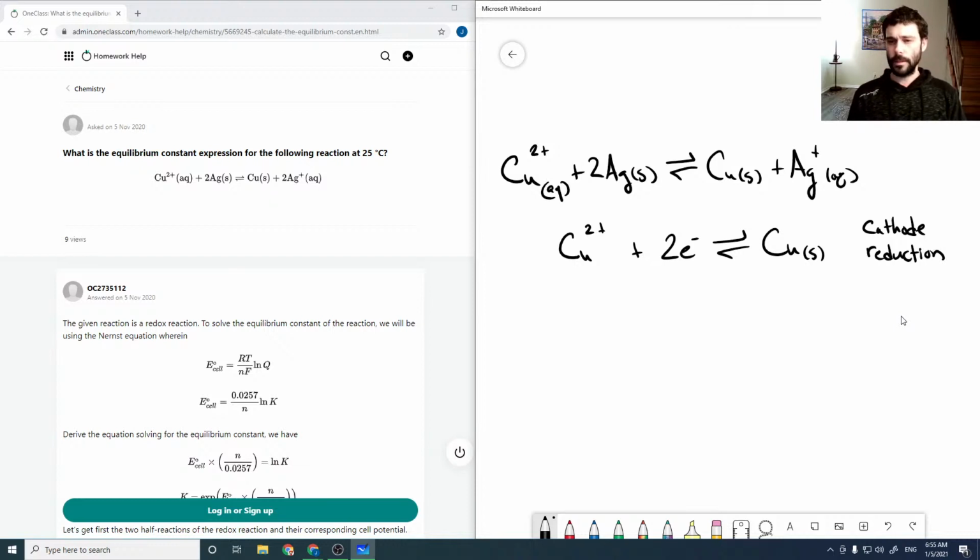We know because it's consuming electrons, right? So electrons are on the reactant side. And we have 2 silver going to, that's not right, but 2 silver plus 2 electrons. So this is the anode side, or the site of oxidation.